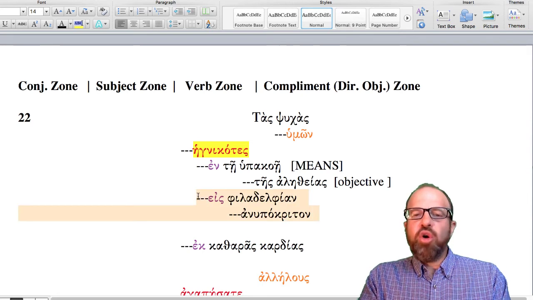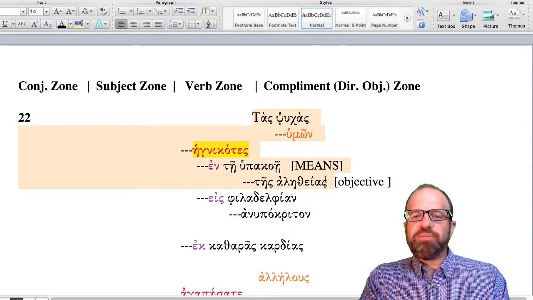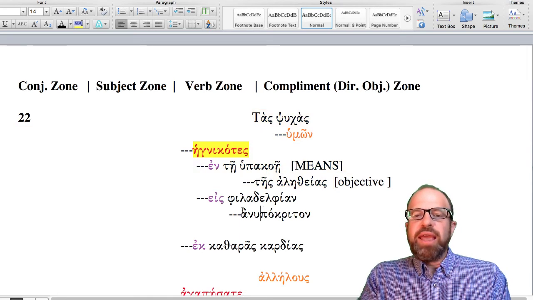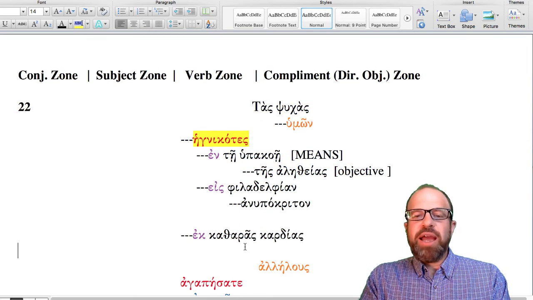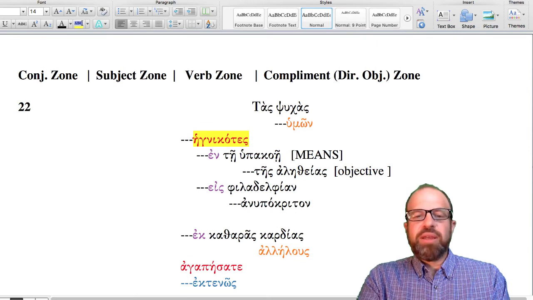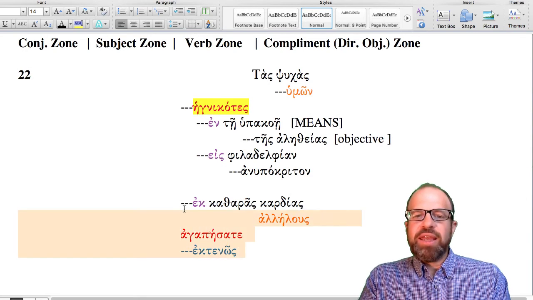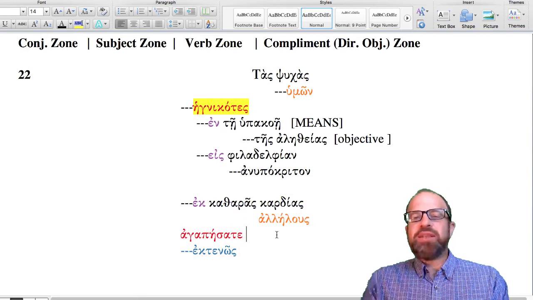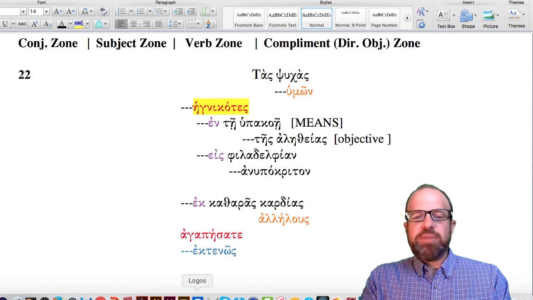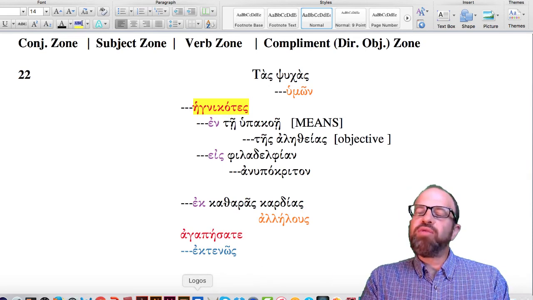So this is really the goal of the sanctification that comes by way of obeying the truth. And so then we come back to the main sentence. From a clean heart, love one another fervently. And so this is an amazing verse here. It really gets to the heart of the Christian faith.